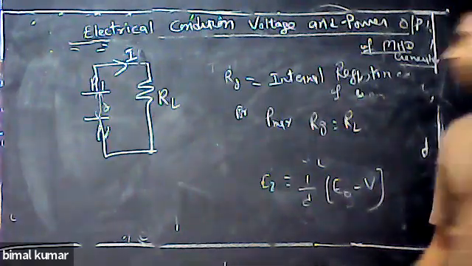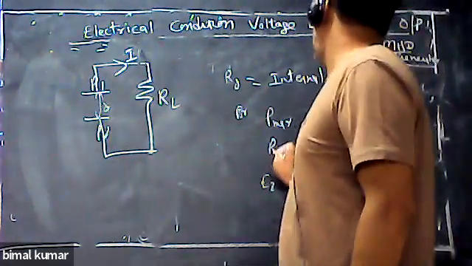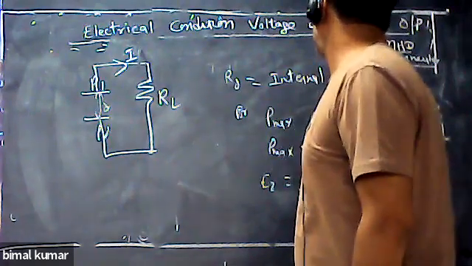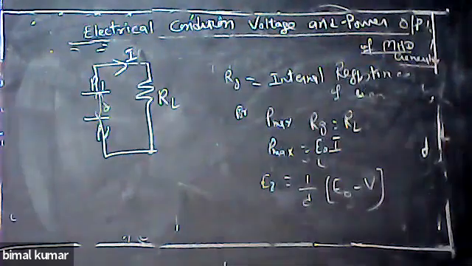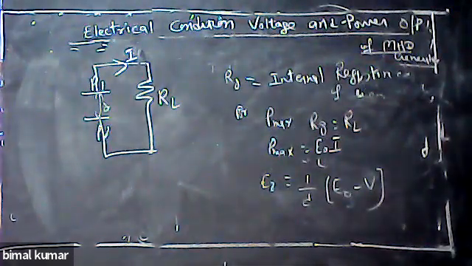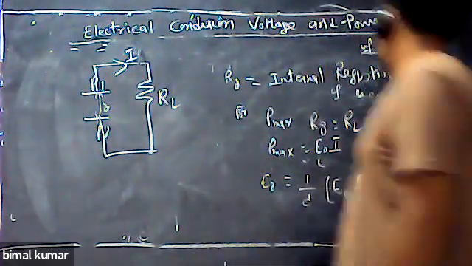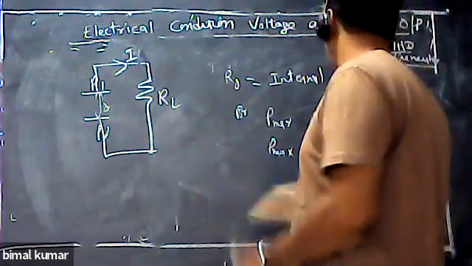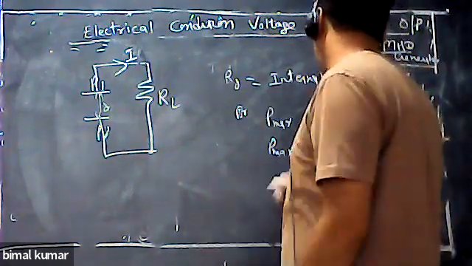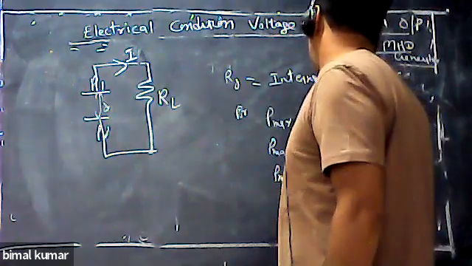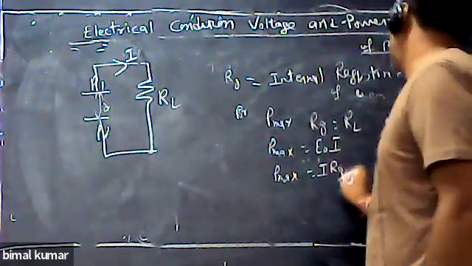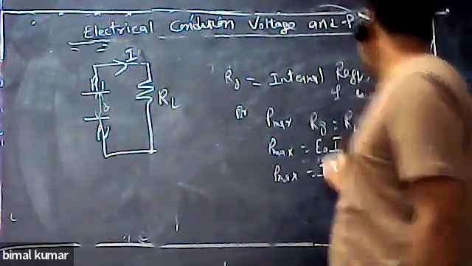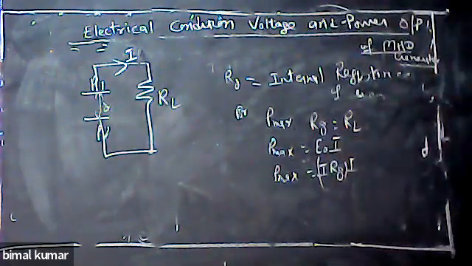So P maximum is equal to E naught into I. Now E naught is equal to I into Rg. So P maximum will be equal to I into Rg into I, in place of E naught.